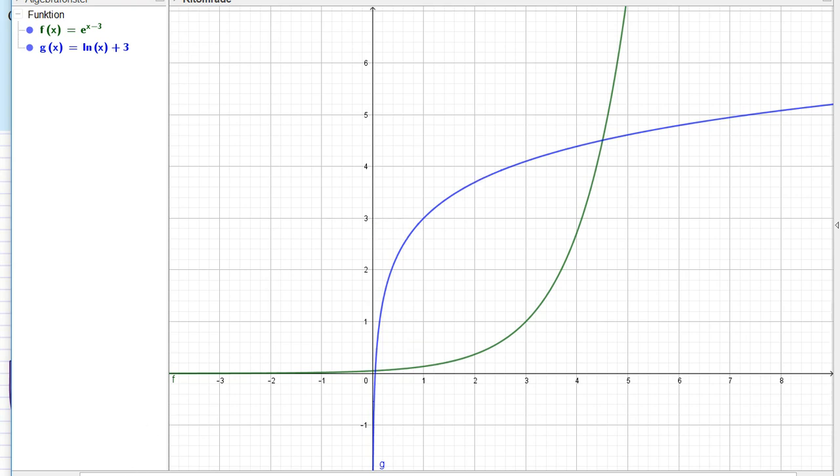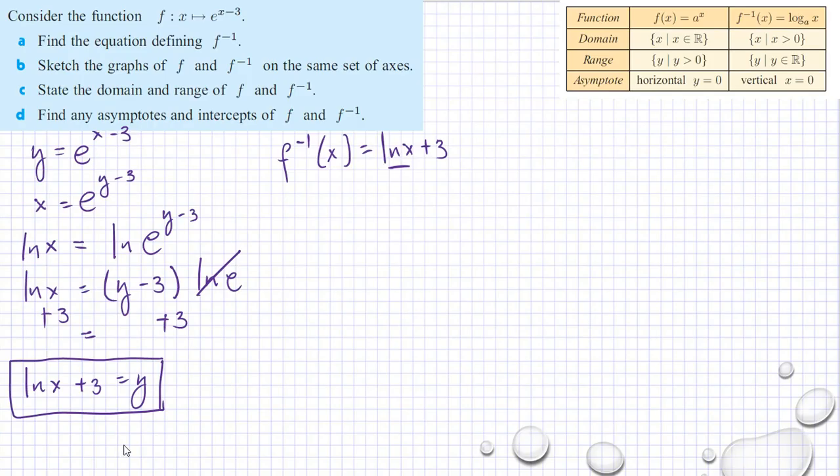Writing that down: for the domain of f, x is an element of the real numbers, but for the inverse, x is greater than 0.